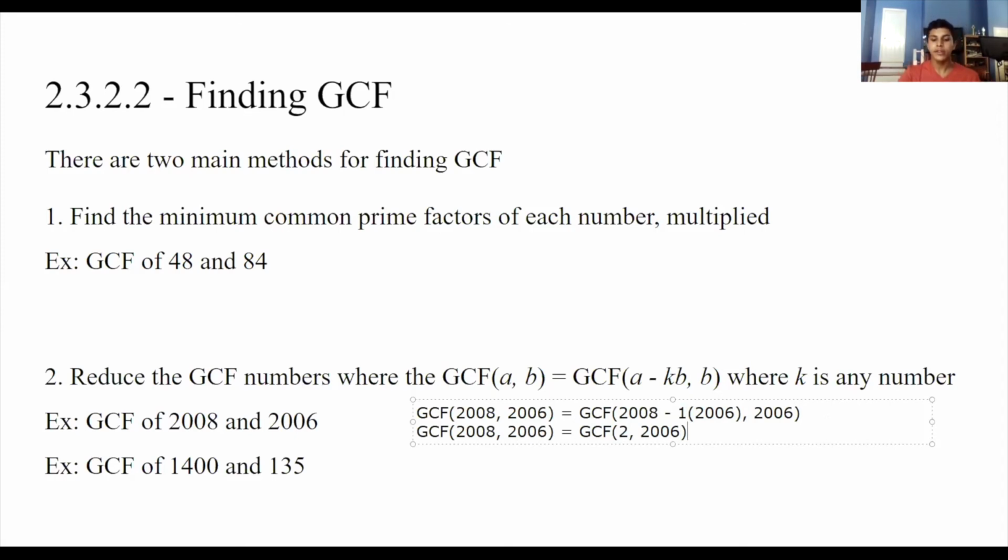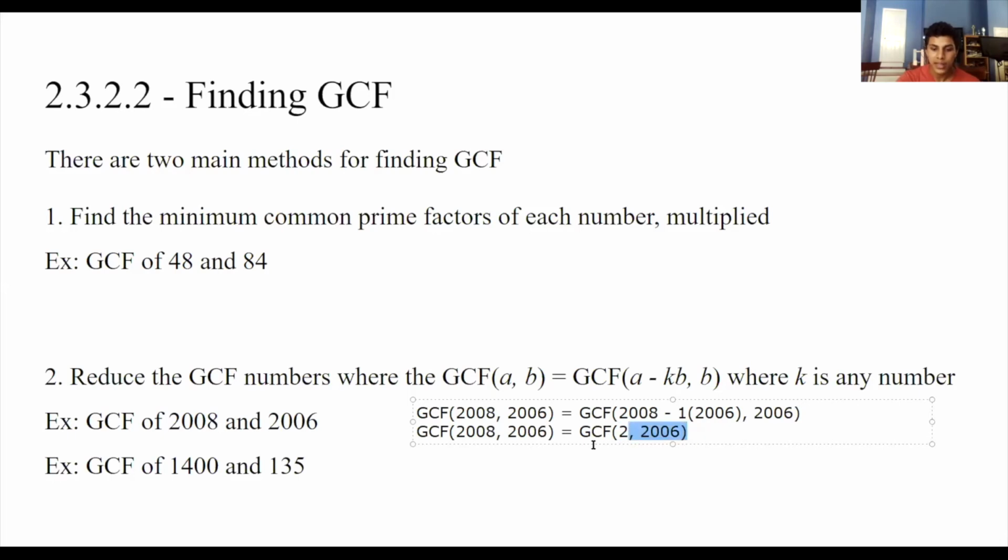And so that's how I use A minus KB. It's essentially your first number, which in this case is 2008, minus some amount times your second number. K is any natural number, or any whole number, and I used 1 in this example. Then your GCF of 2008 and 2006 will be equal to your GCF of whatever that result is, which is 2 and 2006.